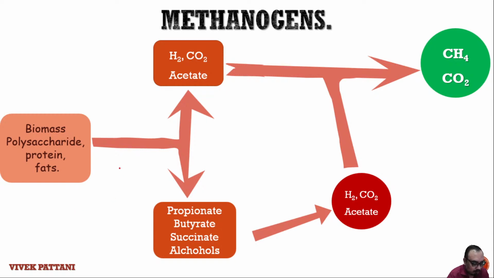Now moving forward with the basic mechanism. Nutrients may be in the form of biomass, polysaccharides, proteins, fats, etc. This biomass will be converted into hydrogen gas, carbon dioxide or acetate, or propionate, butyrate, succinate, alcohols.